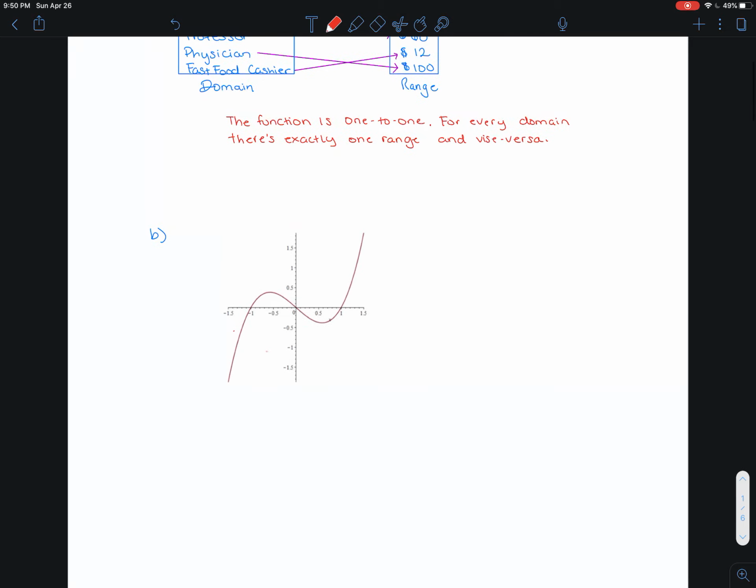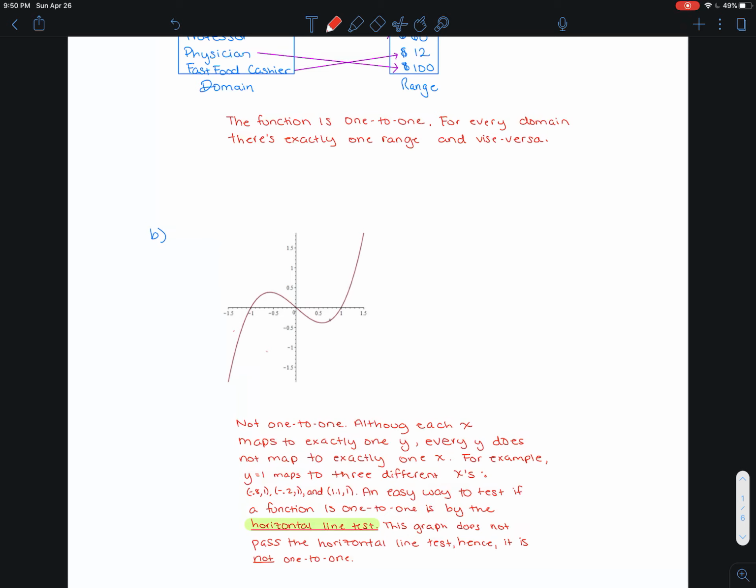To check if this is one-to-one, we can do something called the horizontal line test. If a horizontal line touches the graph only once, then it is one-to-one. Notice this horizontal line that I drew actually crosses my graph 3 times, and therefore this is not one-to-one.